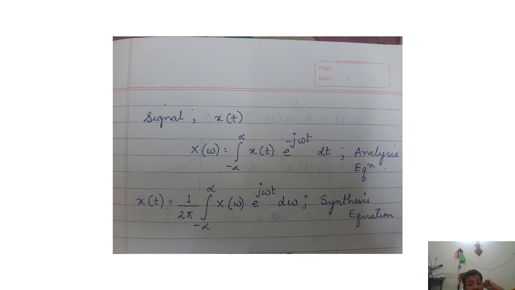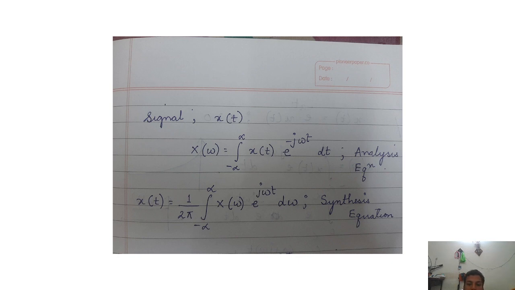This equation, where we have a time domain signal x(t) and find the frequency transformation of that signal, is called the analysis equation. This is very important. We should know what this equation is called.